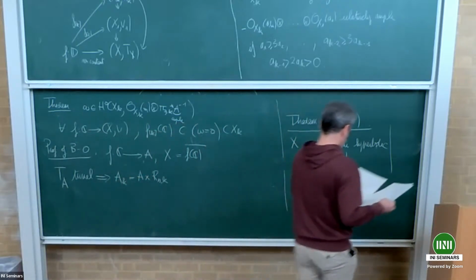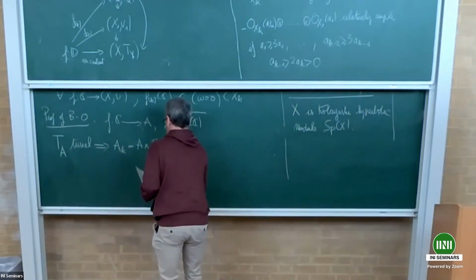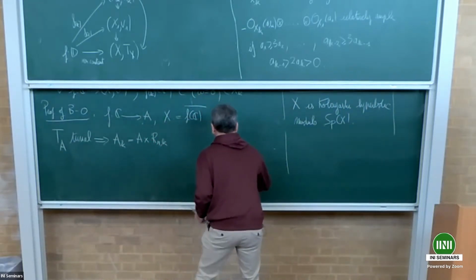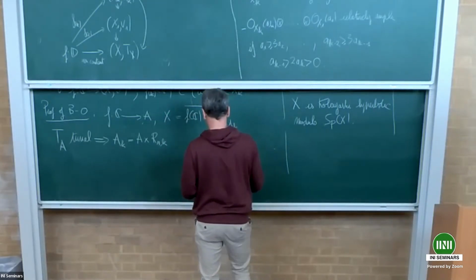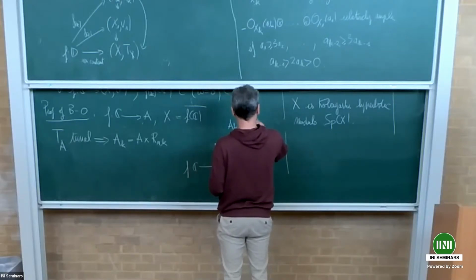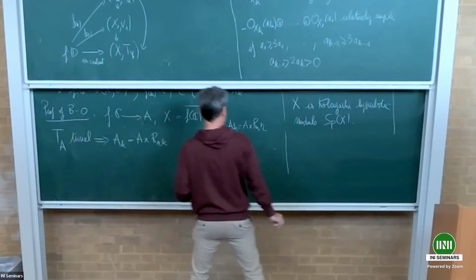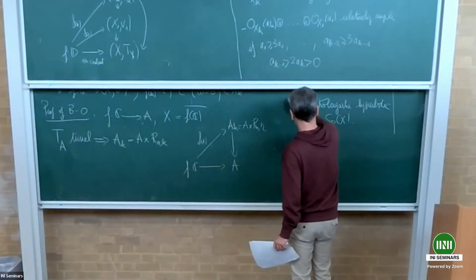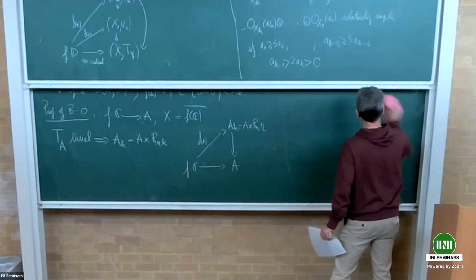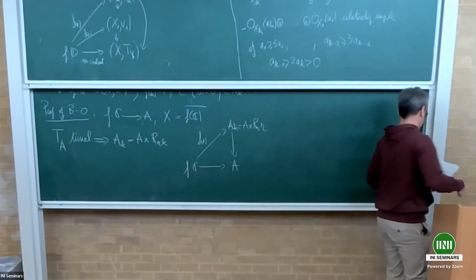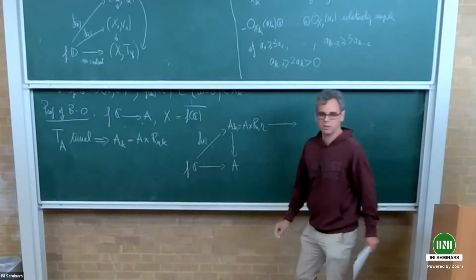Okay, so now we have the usual diagram. And the crucial player in this game, the key tool, is to consider here the projection on the second factor.